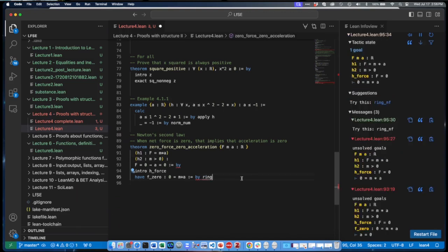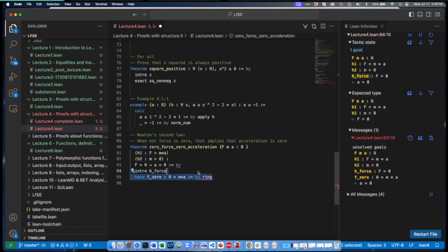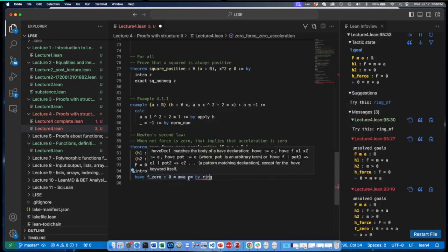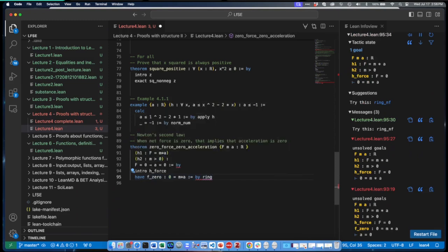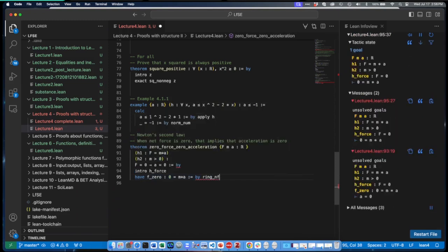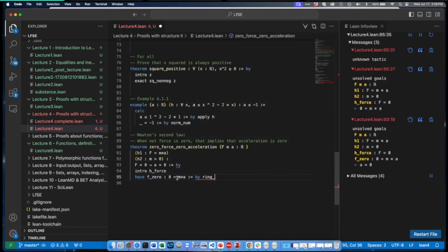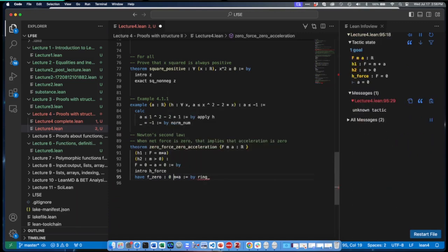Okay, just for the last step. Ring doesn't do this. Ring_nf, they often suggest that if ring doesn't work. Nope. Okay, let me try putting m times a equals 0.